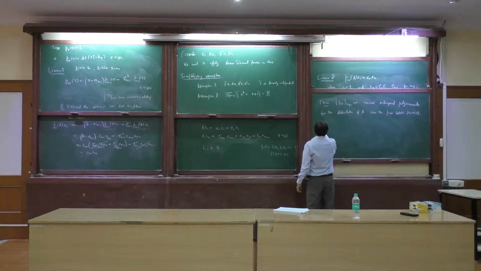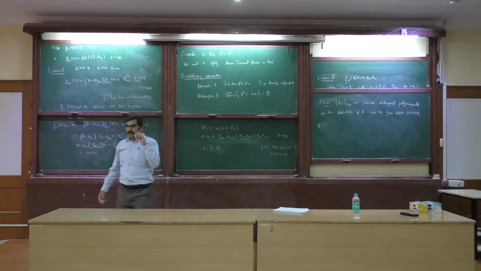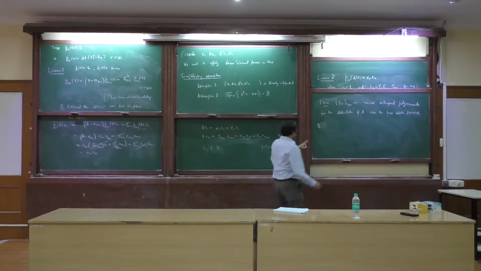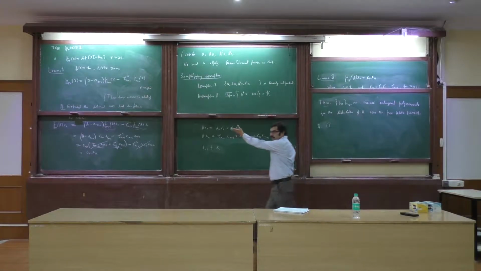So what do I mean by that? The Pn should be a polynomial of degree n, and monic, that means the leading coefficient should be 1, and they should be mutually orthogonal. The distinct ones should be orthogonal. So the first things are easy. Clearly Pn has degree n. That is the way we define it.